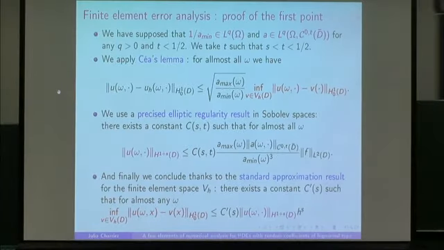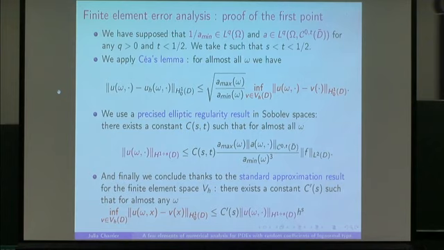Okay, so that's the proof. I won't give any detail, but the idea is that the finite element error can very classically be bounded by the best approximation in the space V_h, up to some constant which depends on the coefficient and therefore on omega.